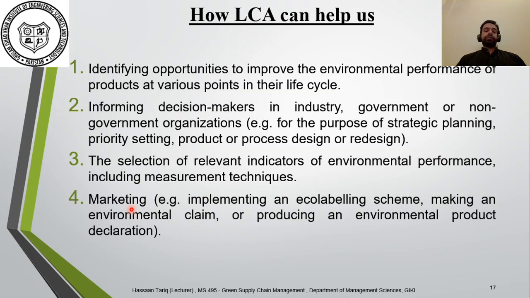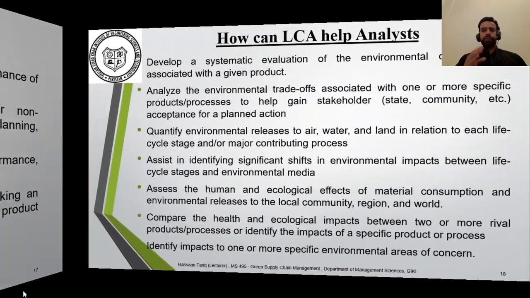LCA can also help the marketing people, for example, in implementing an eco-labeling scheme, making an environmental claim, or producing an environmental product declaration. So these are some of the things that have already been highlighted in the video: you might gain some sort of marketing advantages, you might go for some sort of policy making, and you might use LCA to identify the hotspots and bring in improvements in those. So these are some of the ways LCA can help us.